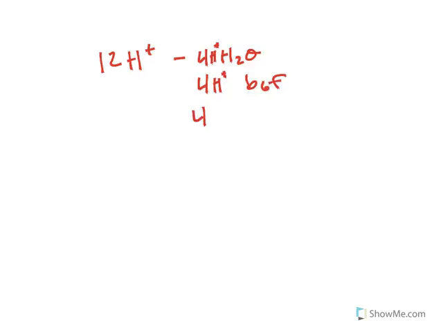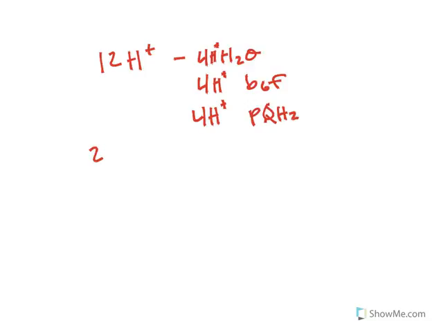So let's just do a grand total of everything we've done. So we brought in 12 protons into the lumen. So that was 4 from water, 4 from cytochrome B6F, and 4 from PQH2, dropping them off into the lumen.